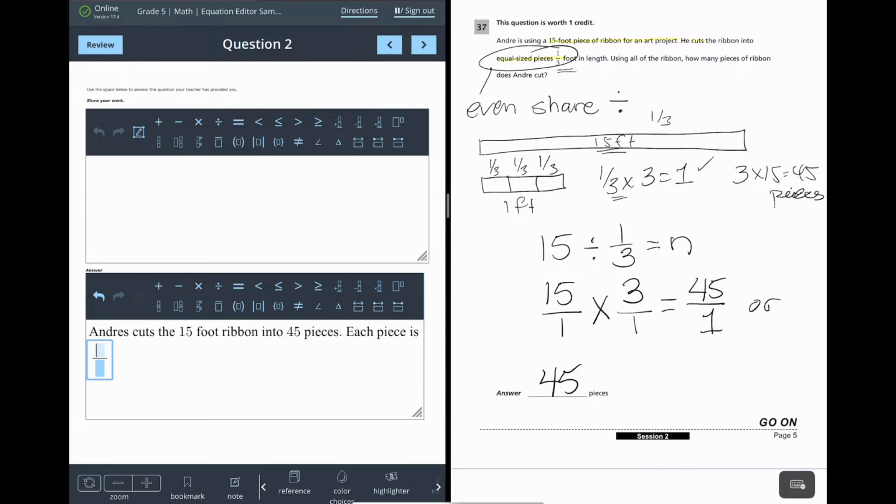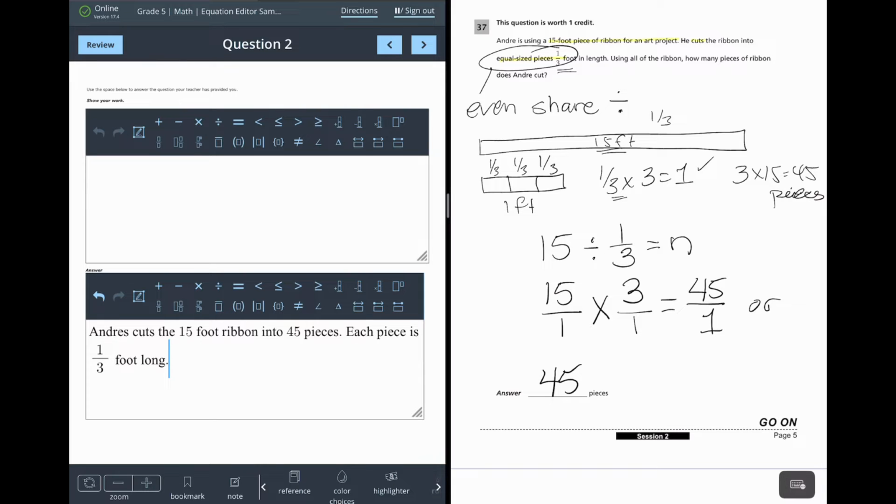Now I have to tap in it to put 1/3 foot long. All right, and I'm just going to reread it. Andre cuts the 15-foot ribbon into 45 pieces, and each piece is 1/3 foot long. Done. And that's all you would need.